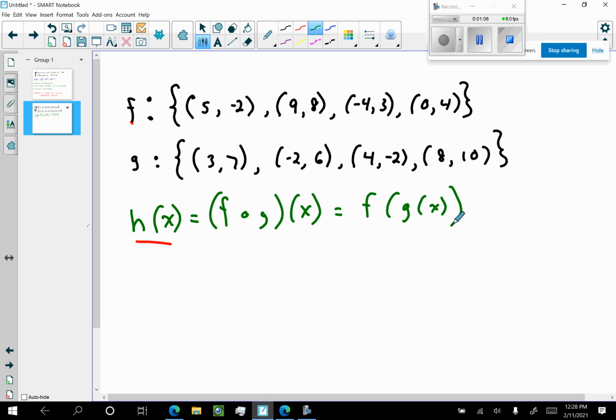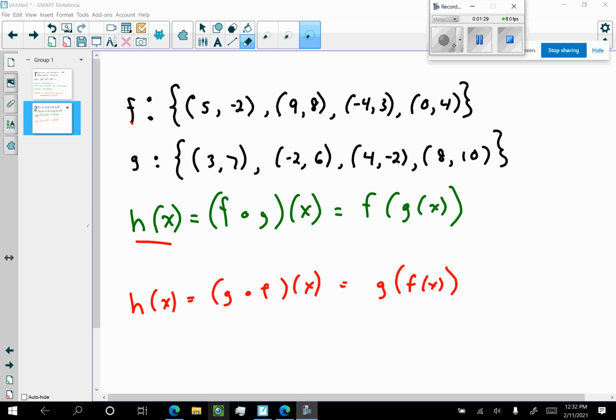Okay, and we want to know what this h of x looks like. So we only have certain inputs to deal with. Let me think about this a minute.